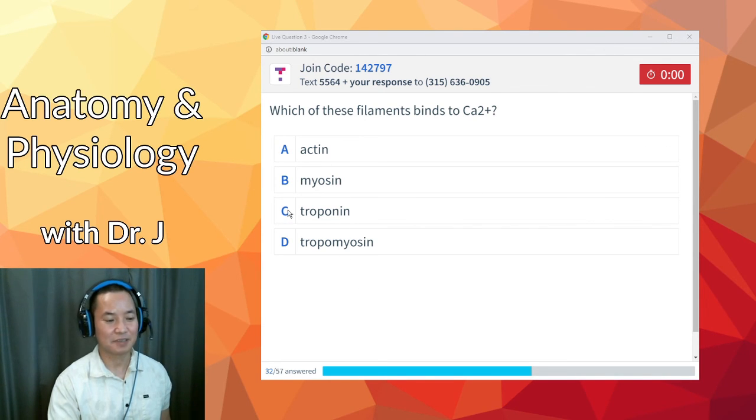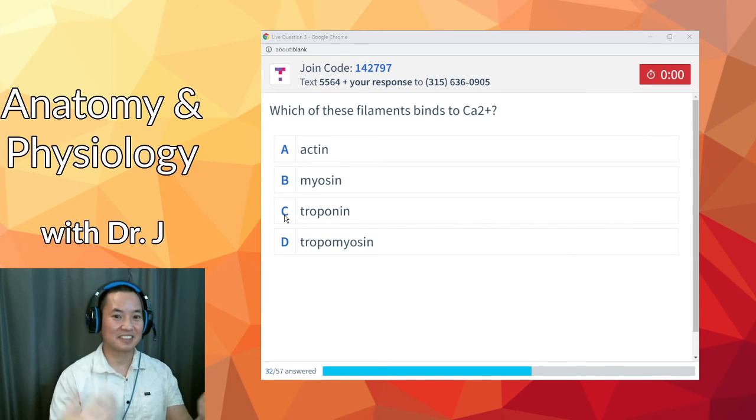I should correct that question. Troponin is not a filament, but remember, it's the one that, once it has calcium in hand, pulls back on tropomyosin to reveal the site where myosin will bind to actin. So that's why I say troponin is like the bouncer.